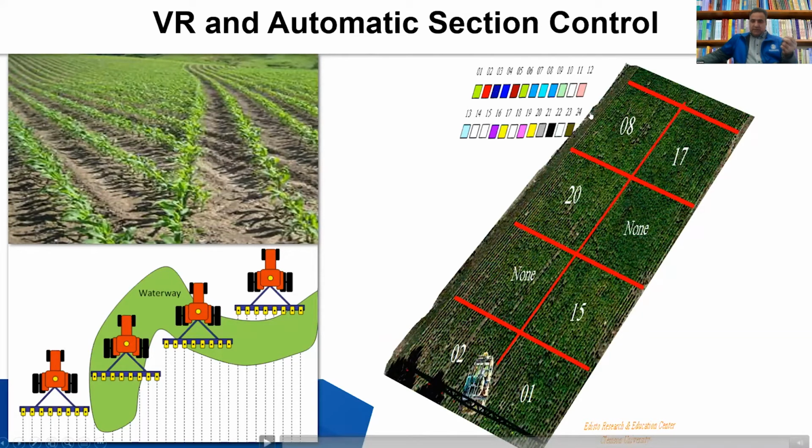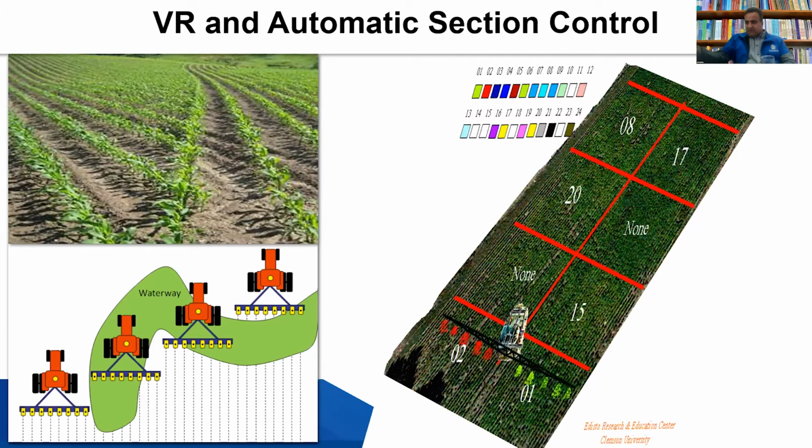The color-coded numbers are inputs, and the map is the prescription map. So if I play this one, you will see for some areas it will change the color of the application, which would be the inputs, and some areas it does not apply anything.